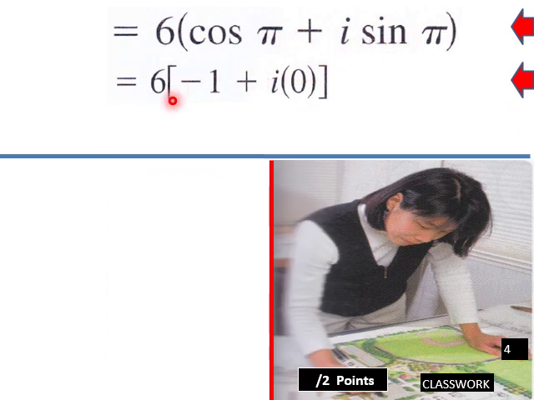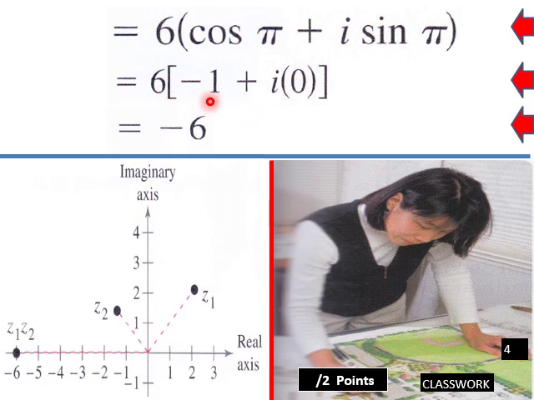And the cosine of pi is negative 1, plus i times the sine of pi, which is 0. So we have 6 times negative 1, which is negative 6. This is Z2, and this is Z1, so when we add these two vectors together, we get negative 6.